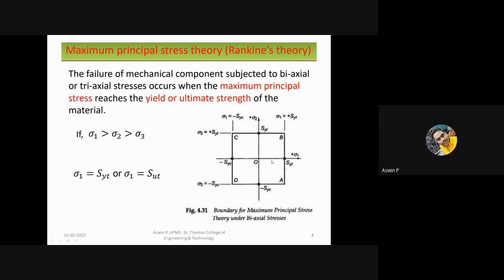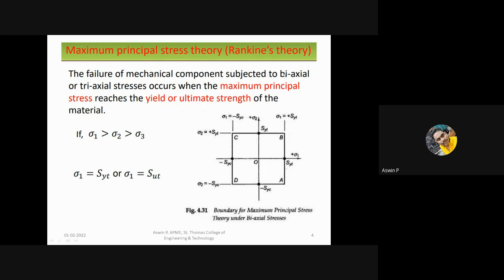Normally, this Rankin's theory is shown as a diagram including sigma 1 in the x-axis and sigma 2 in the y-axis. This is a biaxial system. There will not be any sigma 3 in this figure. If we draw a cube or rectangular block with sigma 3, then you can understand the third direction.